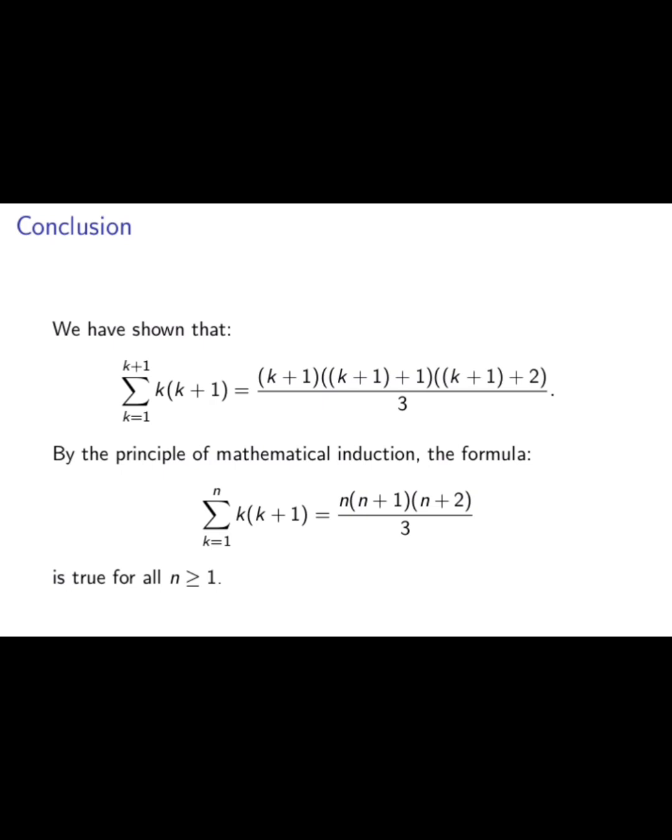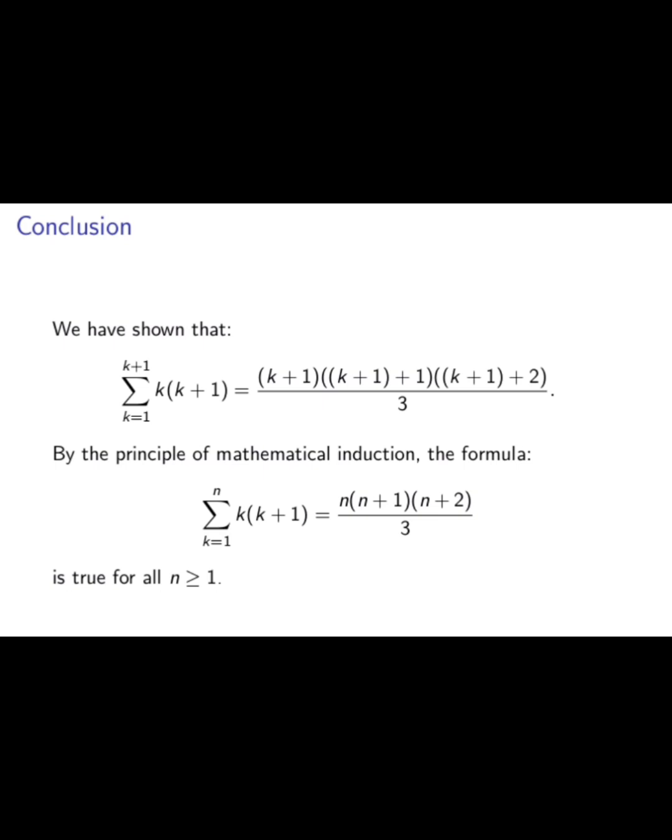So as you can see clearly now, we have shown that the summation of k equals 1 to k plus 1 of k open bracket k plus 1 is equal to k plus 1, k plus 1 plus 1, k plus 1 plus 2, all divided by 3. So that's what we have successfully shown, right?